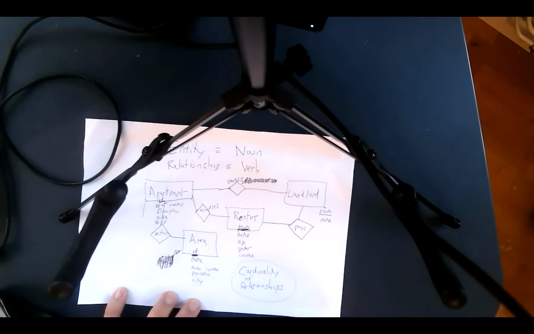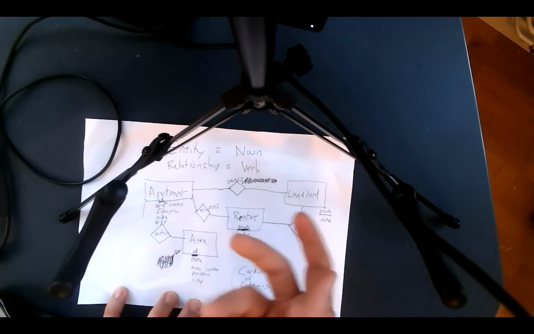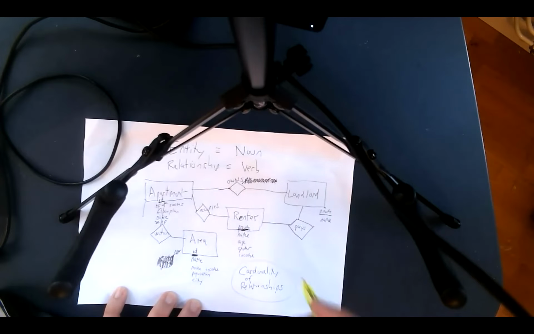So if we put in the dimension of time, the whole thing becomes much more complicated. This can get really complicated, but I want to keep it a little bit simpler. So let's just consider this to be a snapshot database, meaning that it's one snapshot in time.